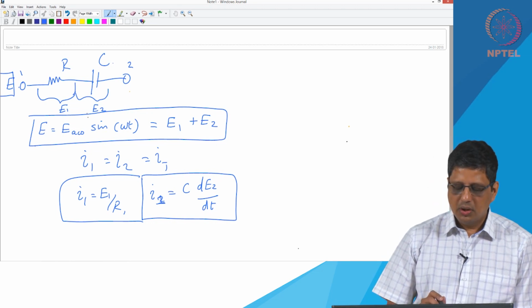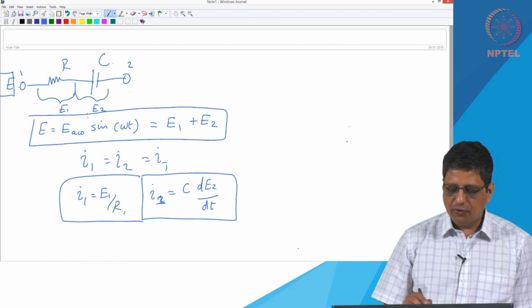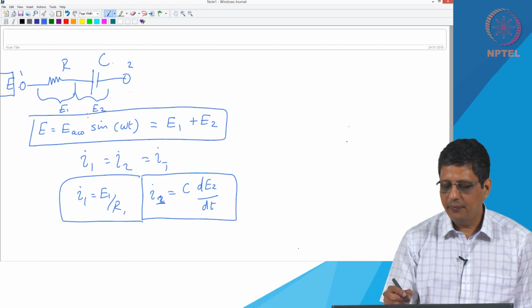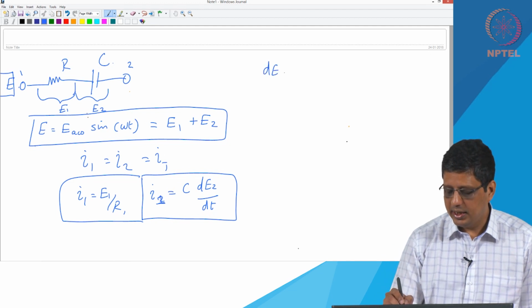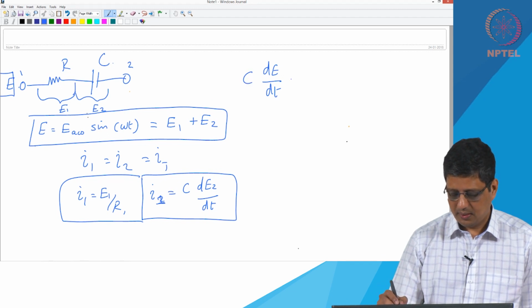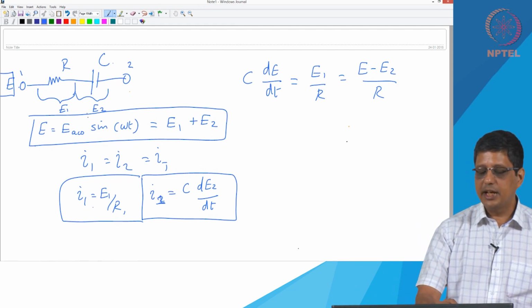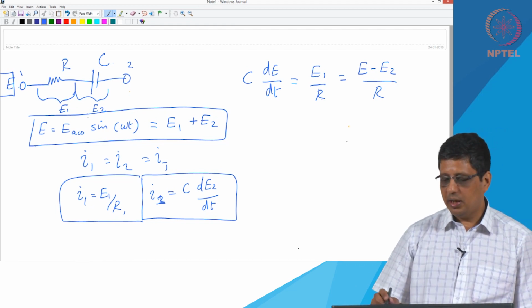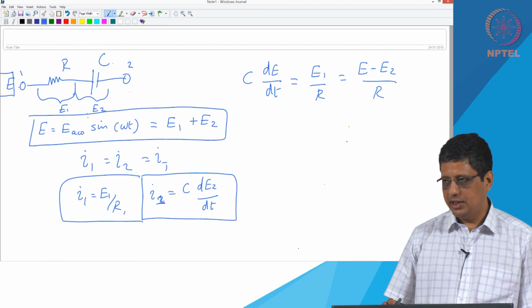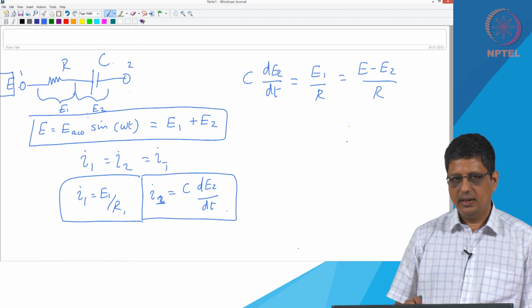Okay. Now what I want to do here is to first get a value for E2. I want to write dE2 by dt. I1 is same as I2, therefore I will write it as E1 by R, I will write it as E minus E2 by R. This is dE2 by dt, correct?